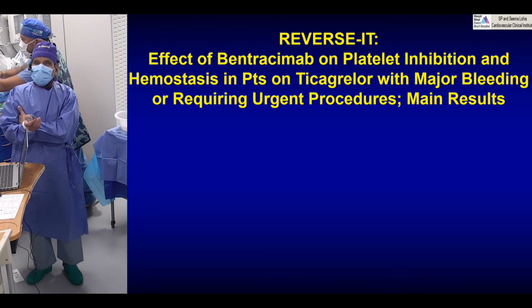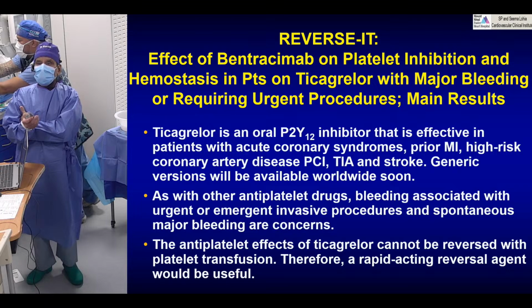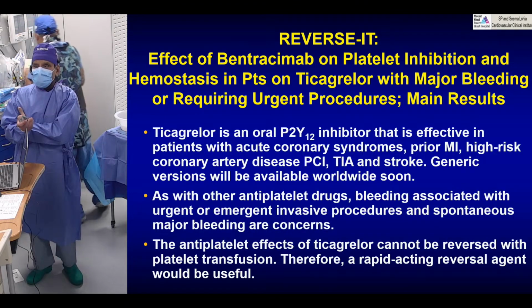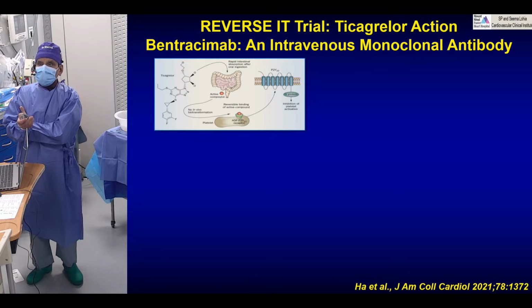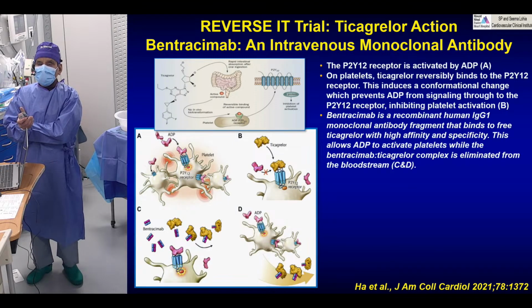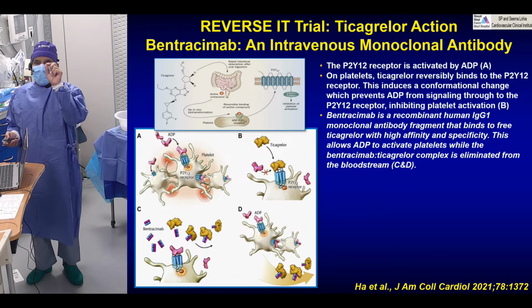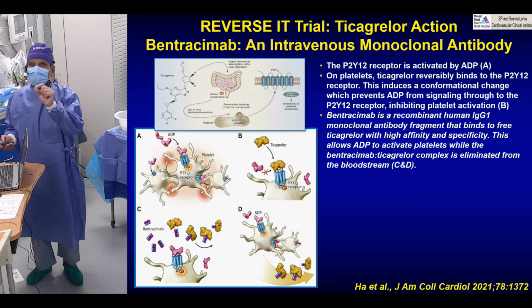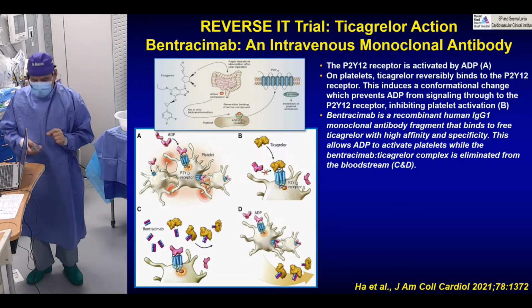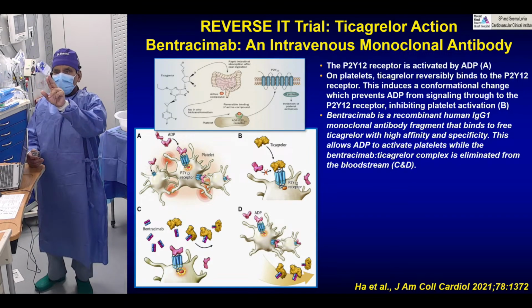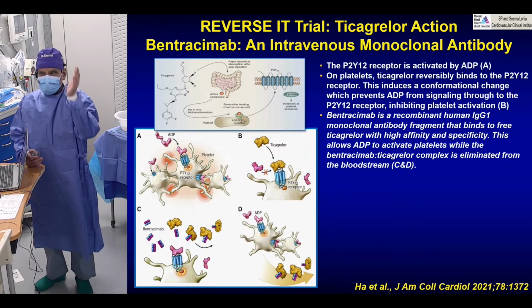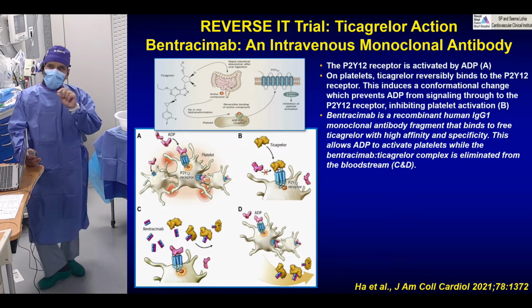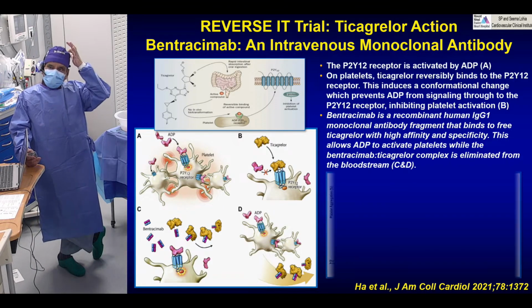And this antidote is bentracimab, which has been studied in the initial trials as a rapid reversal agent. This is an intravenous monoclonal antibody, and what it does is bind to ticagrelor. Once you have this complex, it is washed out, and now platelets are free for ADP receptor inhibition.